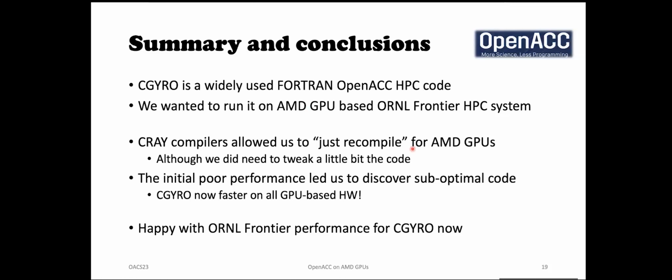And that's pretty much all I have. I just summarized what I've done here. And I would say, yeah, the experience was not too terrible. It took maybe an FTE week from start to end. And we are pretty happy with how CGYRO works on the Frontier AMD GPU-based system now.